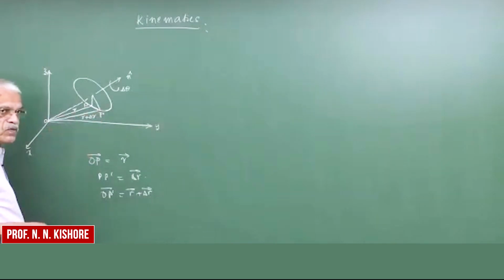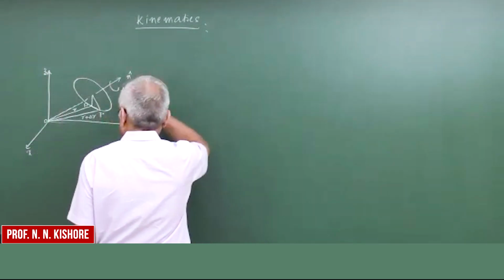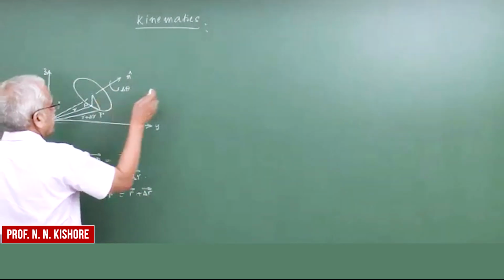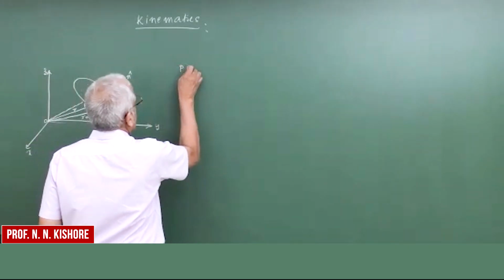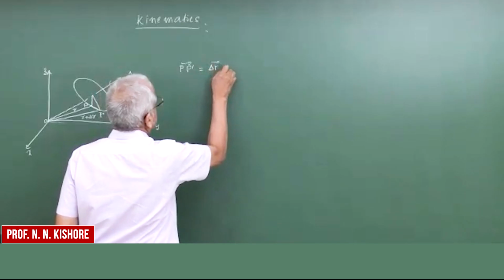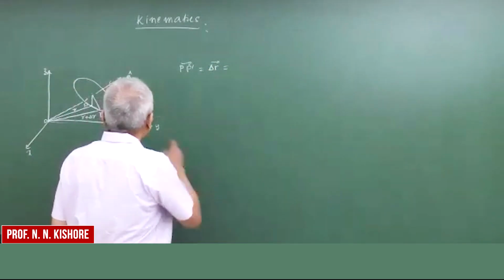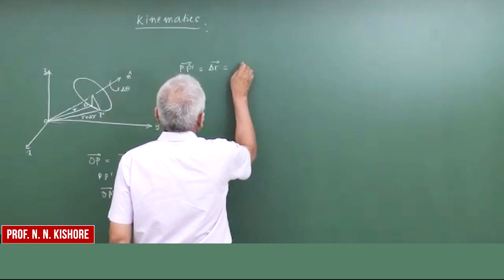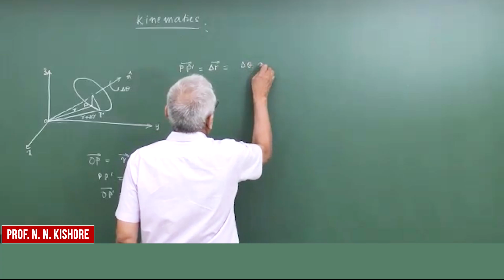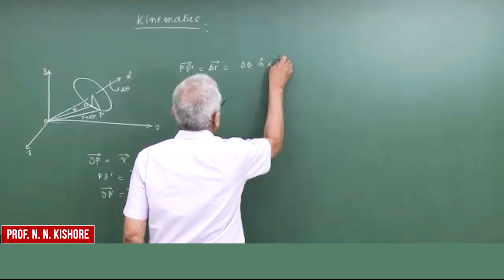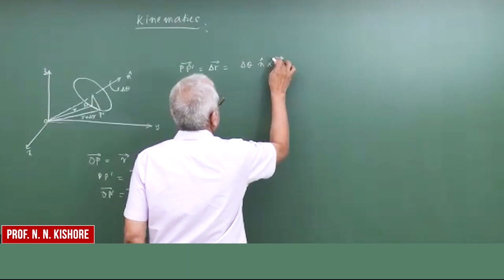We went through a detailed derivation in the last class, and essentially what we require, PP prime, is the change in the position vector r for a rotation of delta theta, and here we wrote delta theta n cross r, right?